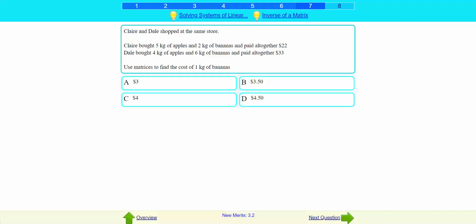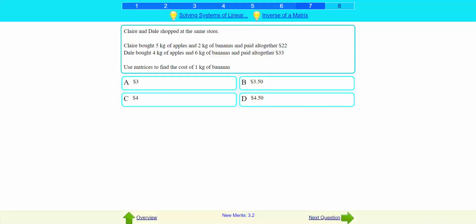What we could do is, we don't know the price of apples, so that's an A, and the price of bananas, so that's a B. So if we do the equations, we have 5A plus 2B equals 22, and 4A plus 6B equals 33.